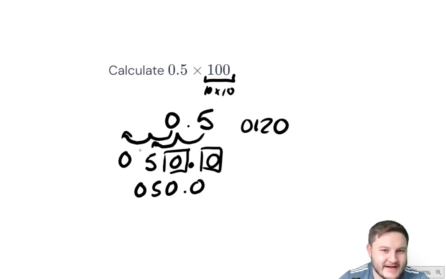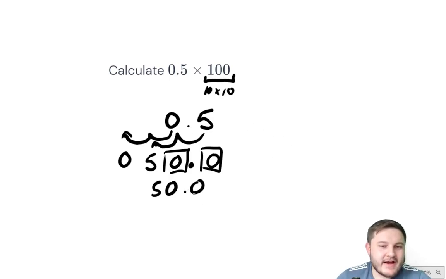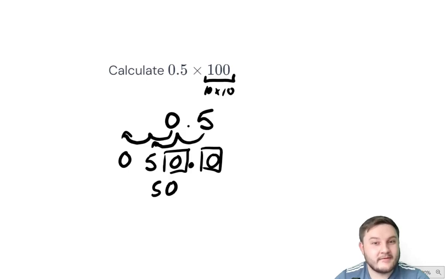So we don't really need this 0. And also, we don't really need the 0 after the decimal point, because 50 and 50.0 are the same value. This 0 isn't holding any value, right? So we don't need this 0. But we do need this one. We definitely need this one, because without that one, it would be the number 5. But we don't have the number 5. We have the number 50.